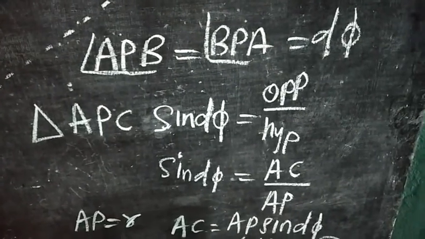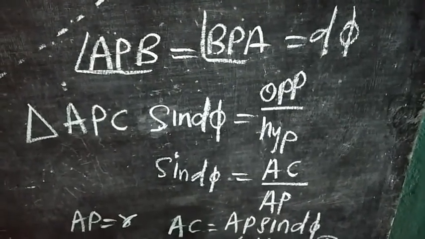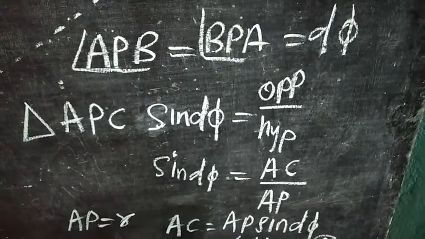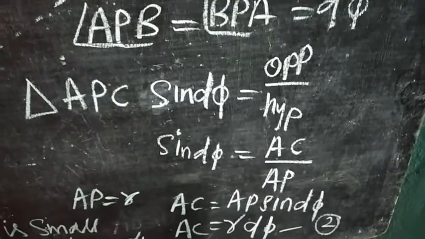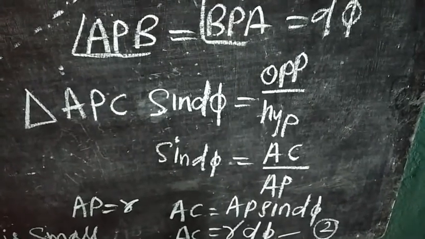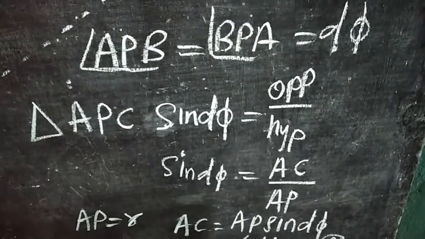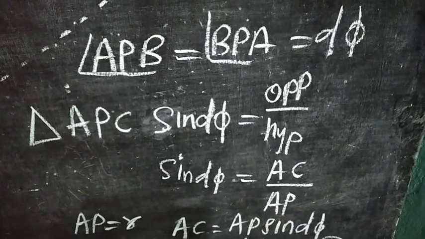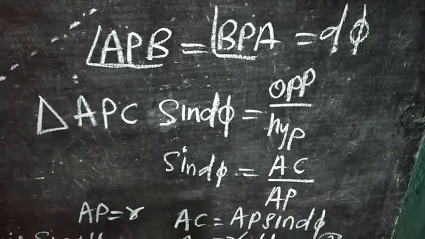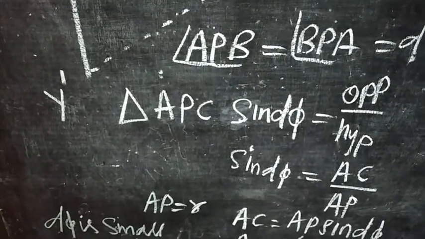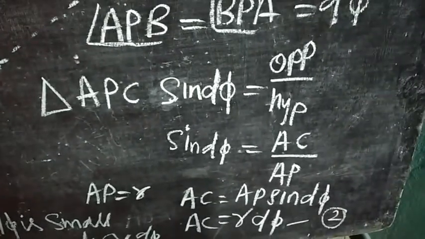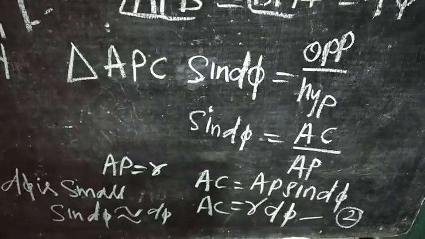From the diagram, AC equals AP sin d phi. Sin d phi is approximately d phi because d phi is very small. So AC equals r d phi.